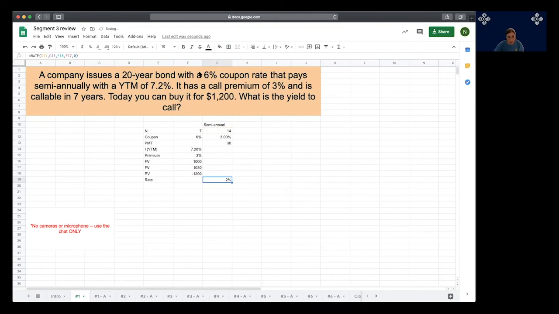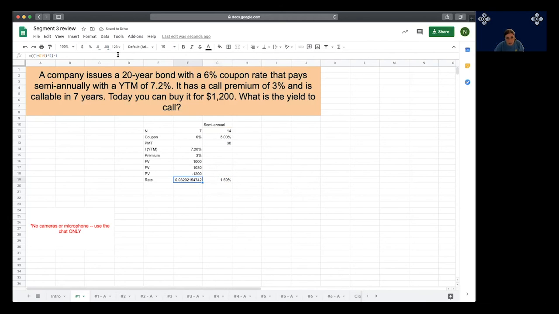You should end up with a rate of 1.59%, and that is semi-annual. To adjust for semi-annual, if you want to make it yearly, you use this formula that we've used a bunch of times in class: 1 plus your non-annual rate, to the power of your period, so to the power of 2, and then subtract 1.